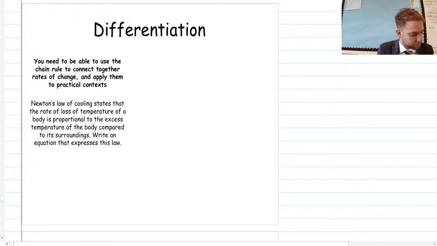So, with this one, the first thing that we need to think about is the fact that it says the rate of loss of temperature. So let's just highlight that: the rate of loss of temperature.